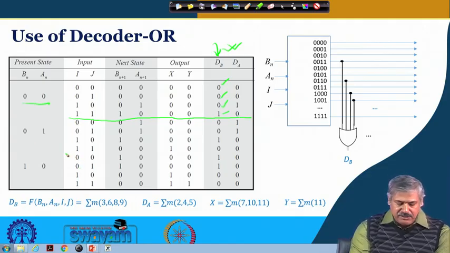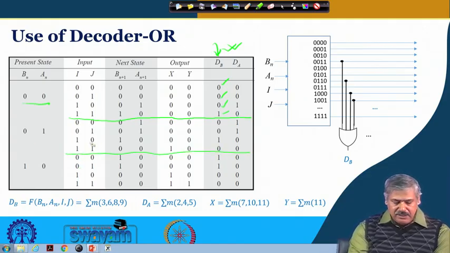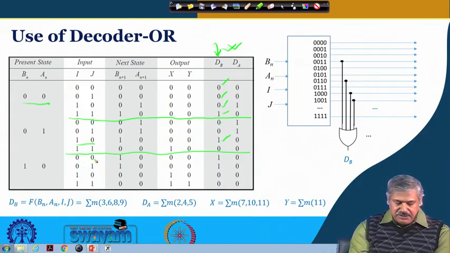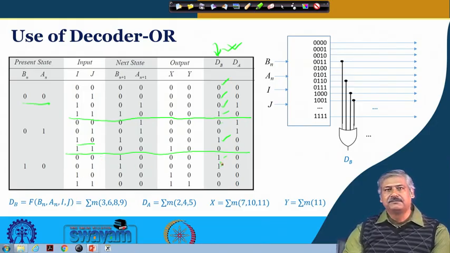Similarly, for 0 1 0 1 dB is 0. This way you continue. When 0 1 1 0, for this particular case, this is 1. Similarly, for 1 0 0 0, this is 1, 1 0 0 1, this is 1.